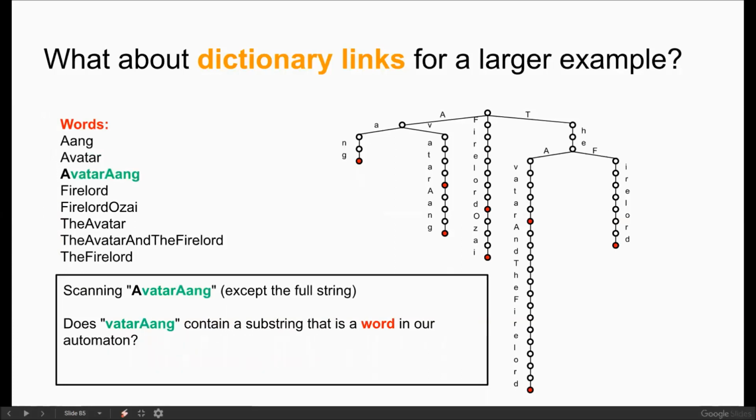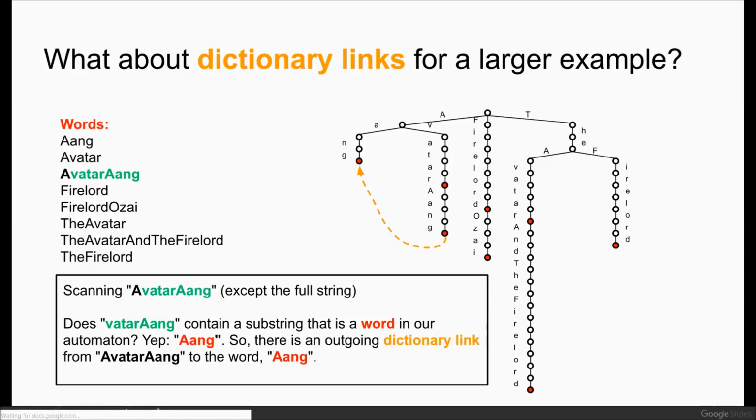Okay, now let's consider the next word, which is avatar ang. We're going to scan avatar ang for substrings that are also words in our automaton. But like we said, we're not going to consider the first character, so really what we're scanning is vatar ang. Is this the case for vatar ang? It is.